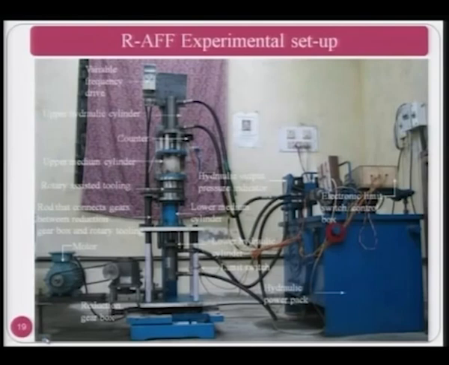Now this setup was very similar to what I showed you in the very first slide after the contents of this talk. The basic difference is that here you have a device which is capable of rotating the workpiece internally. Once the workpiece is rotating, there will be two motions.